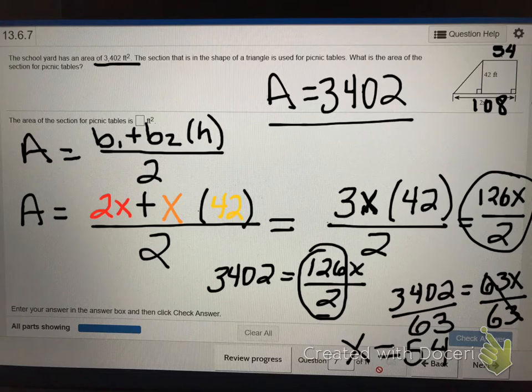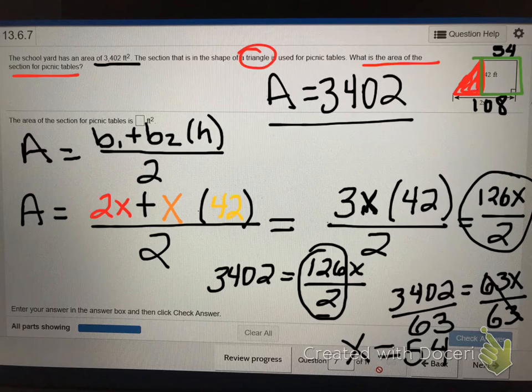Here's how I'm going to figure out what the area of this red triangle is, because that's the ultimate question they're asking us. What's the area of the section for picnic tables, which is the triangle? So I'm going to figure out the area of our rectangle. Once I do that, I can subtract that from the total area.